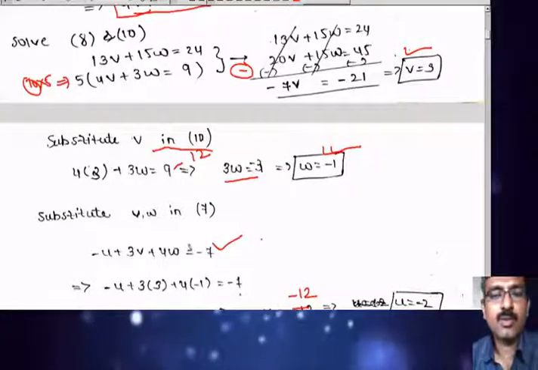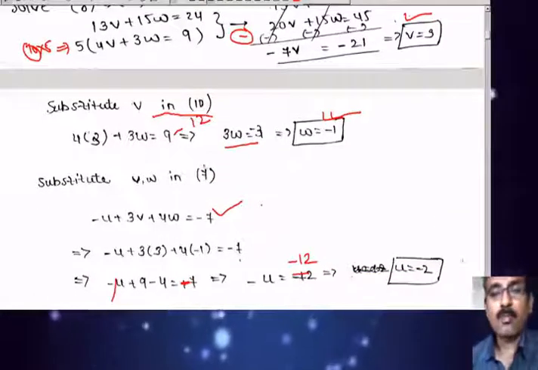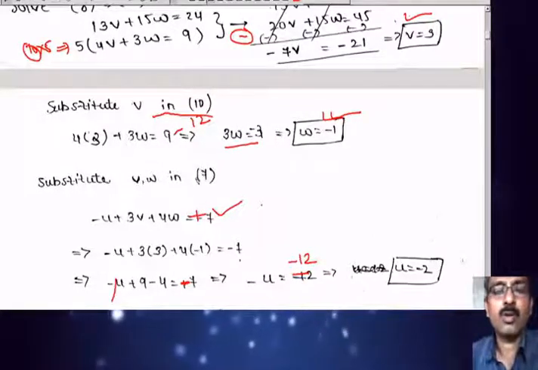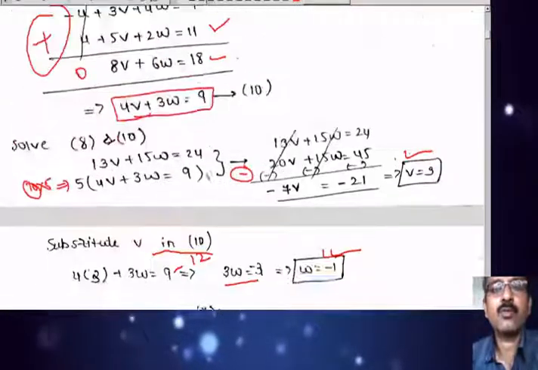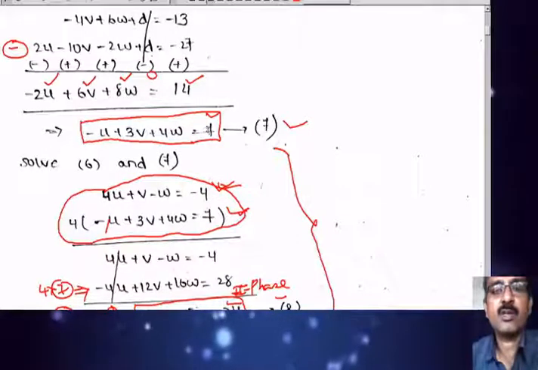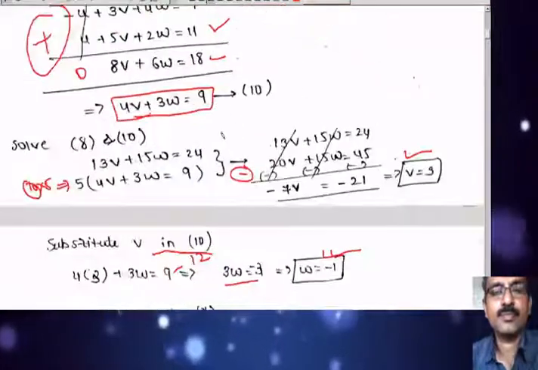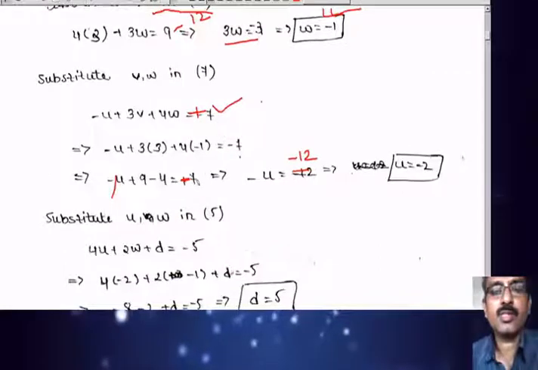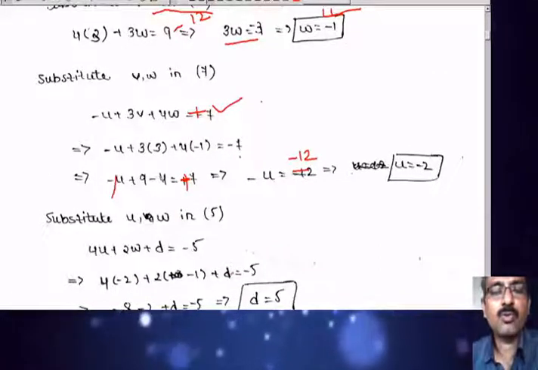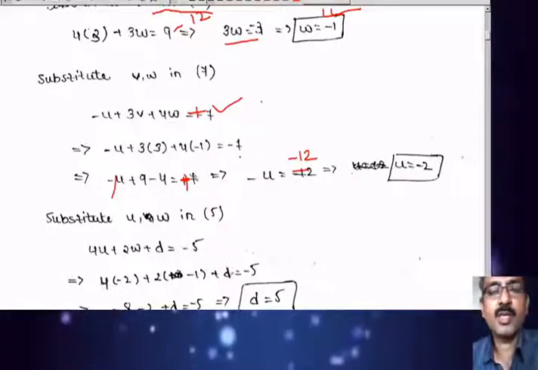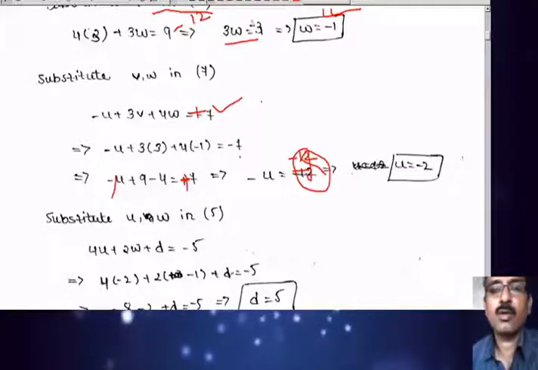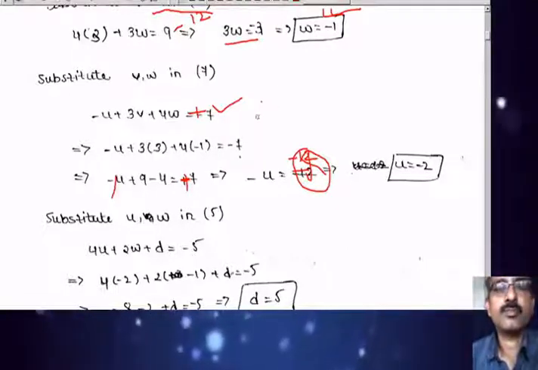Okay. Actually this is not minus 7, this is plus 7. Coming to equation 7, where is equation 7? Equation 7, it is plus 7, not minus 7. Okay, this is plus 7, don't write minus. 9 minus 4, 5, shifting to the right side, 7 minus 4, not 12, here it is only plus 2.